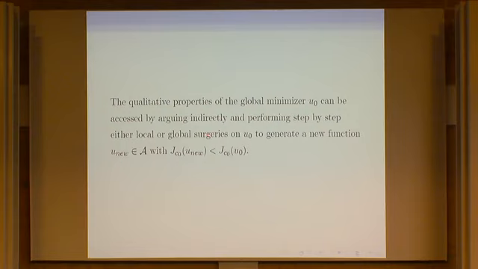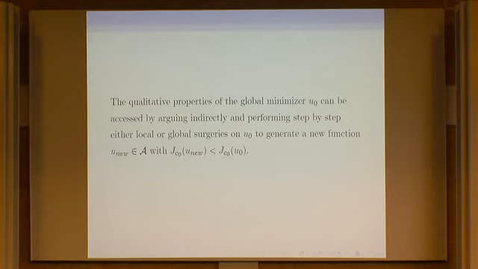We generate a new function and show this inequality. However, this cannot be true because you already know this is a global minimizer. With fixed C0, you know the inf is 0, and you already showed this quantity is 0, and this one has to be negative, so it cannot be true.